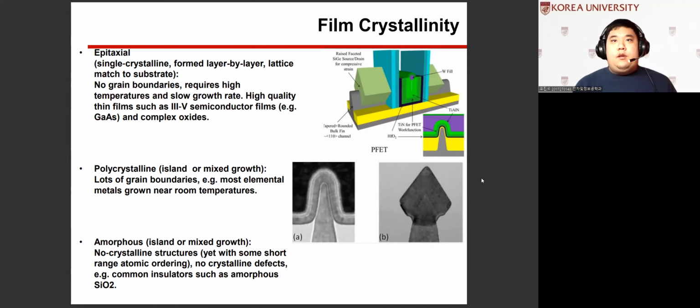Moreover, for some reasons such as thermals, the growing materials can be made into epitaxial or crystalline structure, or polycrystalline or amorphous.